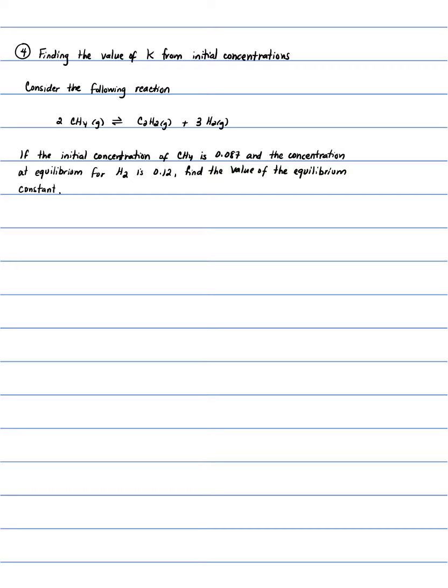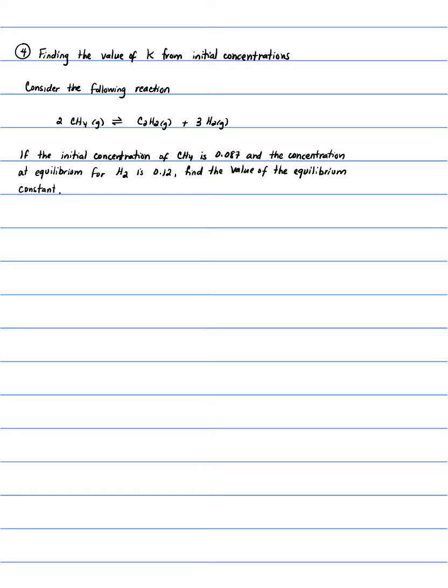So for this type of problem, we also use the ICE table. We're not using the ICE table only when you have all concentrations at equilibrium to calculate K, or you're given K and some concentrations at equilibrium to find a missing concentration. For everything else, we're actually using the ICE table.